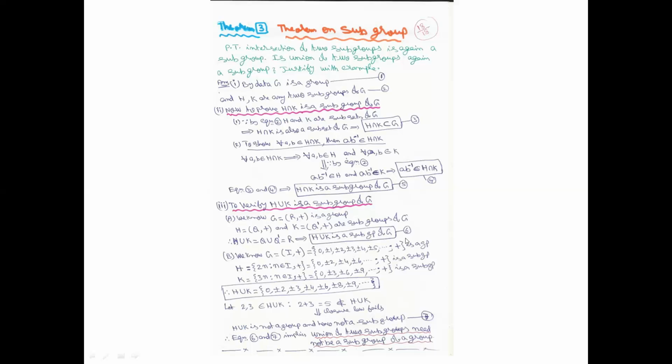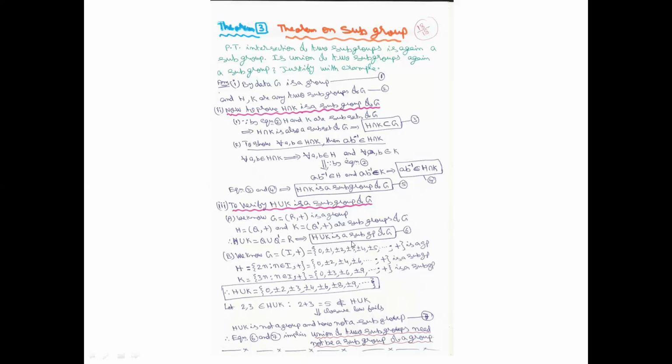In equation 6, we proved H union K is a subgroup of G by taking this example. In equation 7, we proved H union K is not a group and not a subgroup by taking this set of integers example.